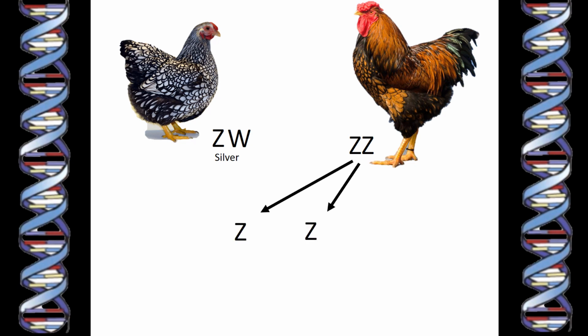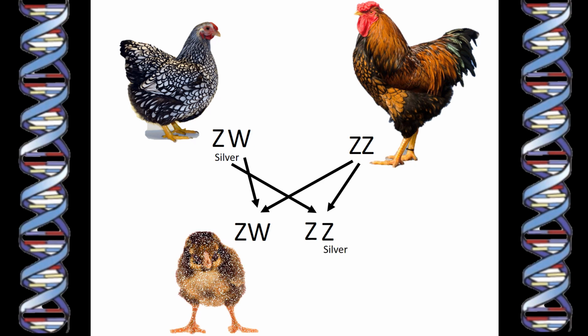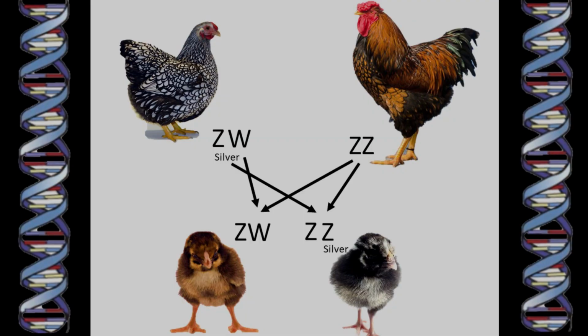So no matter that the boys get only 1 copy of the silver gene on the one Z chromosome they inherited from their mother, the silver-laced hen, they still express that dominant silver gene, and the ground colour of their feathers is silver. On the other hand, the females only have 1 Z chromosome plus 1 W chromosome, so they must have inherited that from their father, and he has no silver gene to pass along on his Z chromosome.